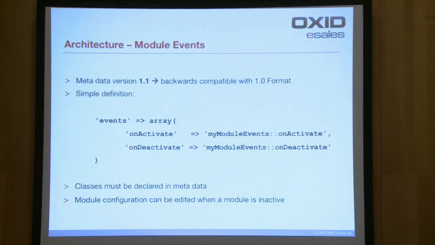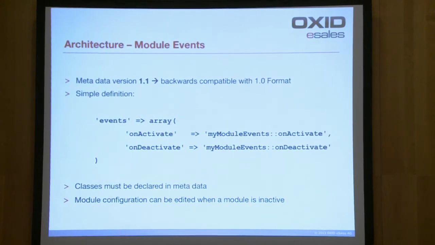We will have two developers explain several of these features one by one, and therefore I will not go too much into detail here. Module events. We've started to introduce module events. In the metadata, you can now define actions, actually callbacks, for your module. What will happen if this module gets activated or deactivated?